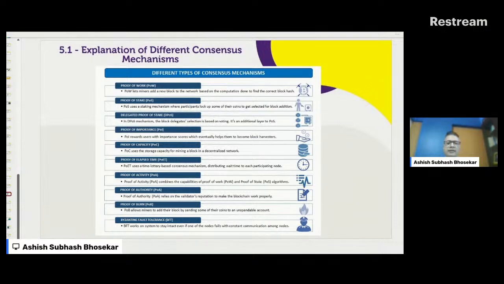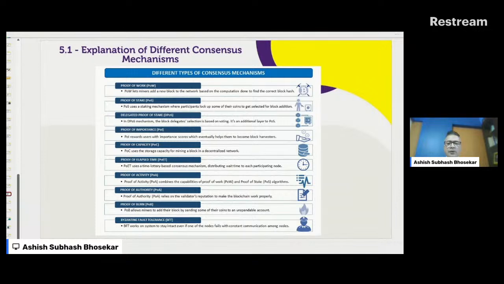To begin, let's discuss the different consensus mechanisms used in the blockchain. So two popular mechanisms are proof of work and proof of stake. Proof of work was used in the initial one, that is Bitcoin, right?